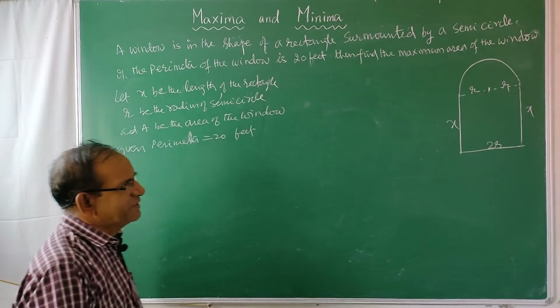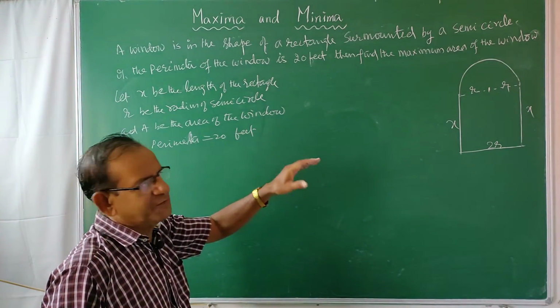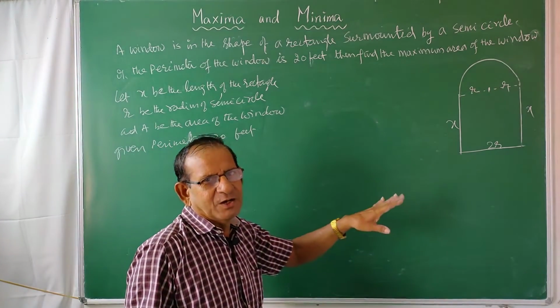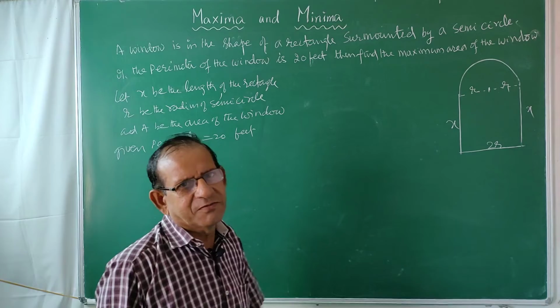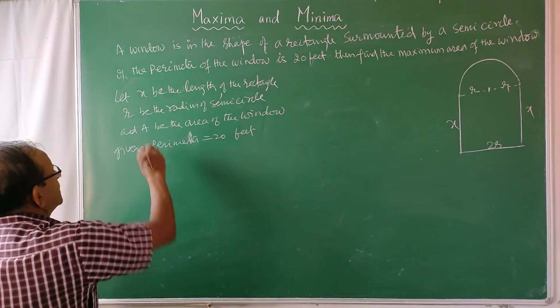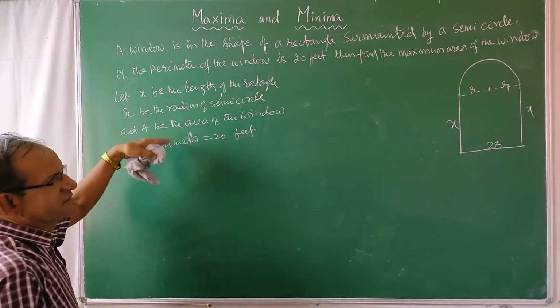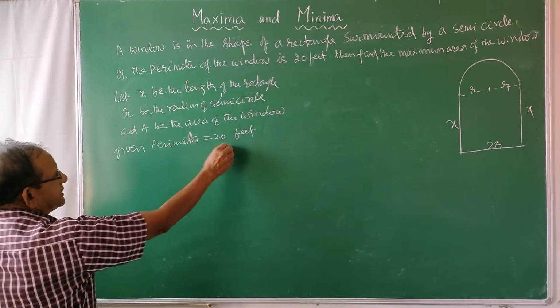Now in the previous procedure I explained it by taking r in terms of x, but we are getting a long procedure. To avoid the long procedure I am now taking x in terms of r, so that the procedure may be simplified further. Now x be the length of the rectangle, same as in the previous one. A be the area. The window perimeter is given as 20 feet.